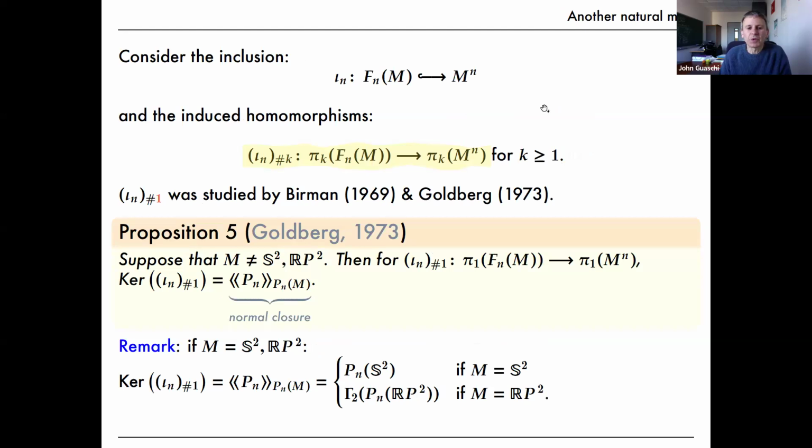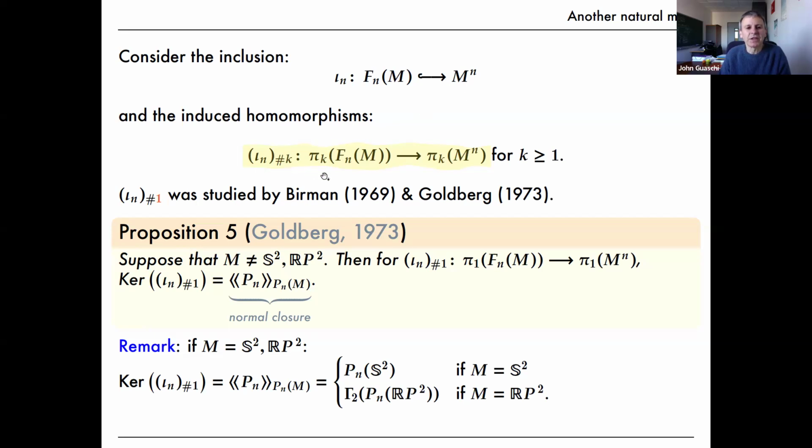Well, you could try and think of other fibrations that you could use to study the kind of problems we're interested in. One interesting map is to look at just the inclusion of the configuration space into the n-fold Cartesian product of M. So to your n-tuple with pairwise distinct points, you just send it to the same n-tuple here.